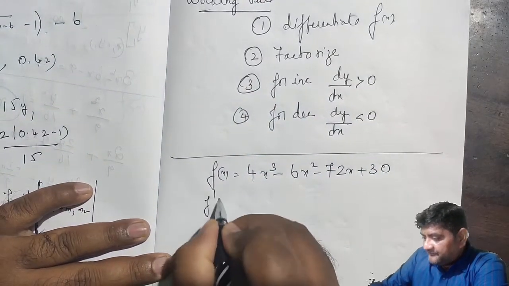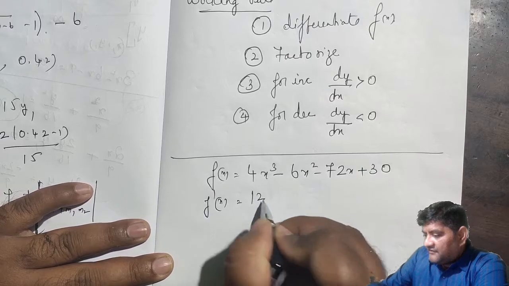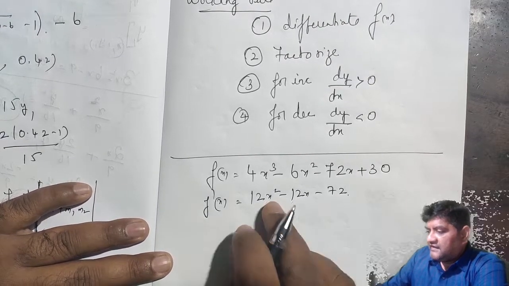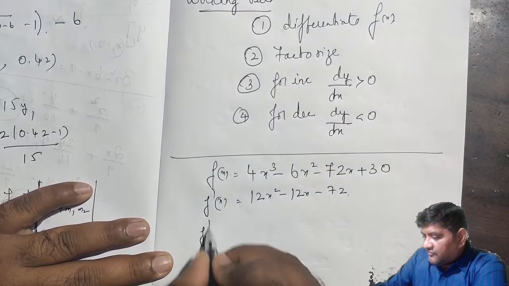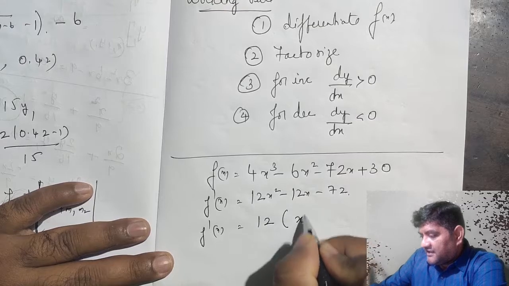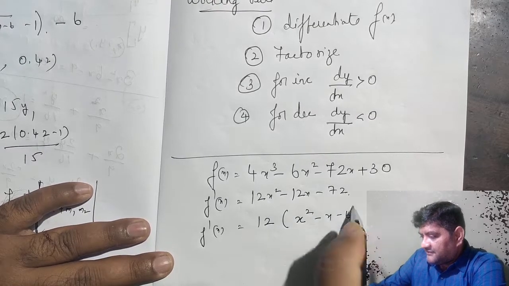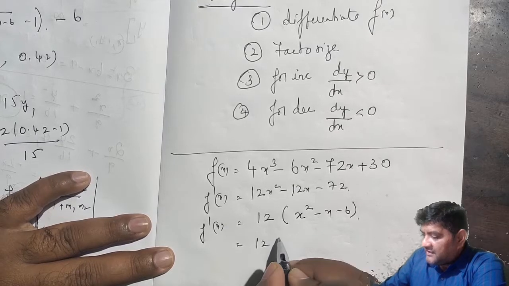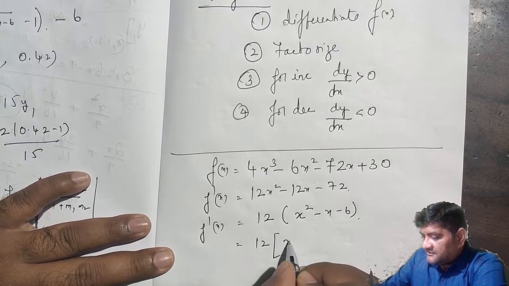F dash of x is 12x squared minus 12x minus 72. Second, factorize. So for factorization, I'm going to take a 12 common out. So when I take a 12 common out, I get x squared minus x minus 6. Further, you can factorize this by using the splitting the middle term method, which you have learned.